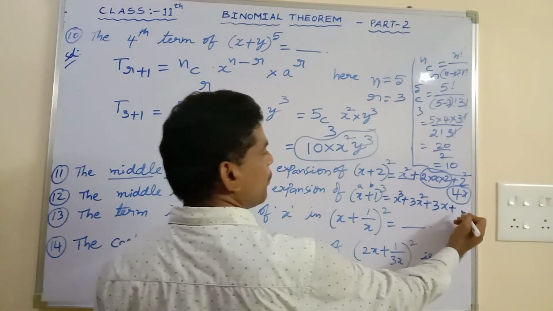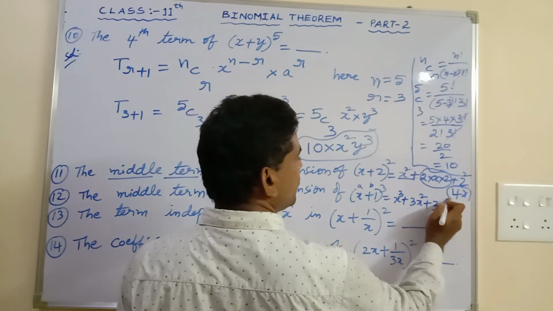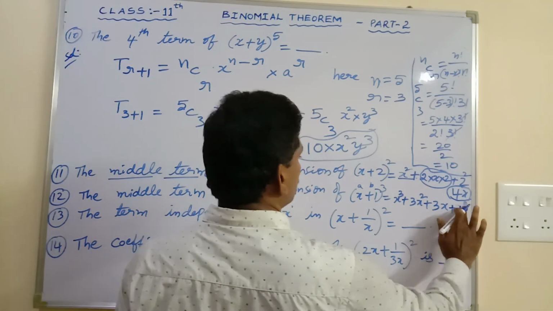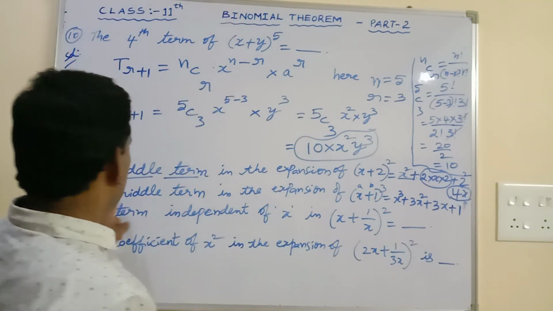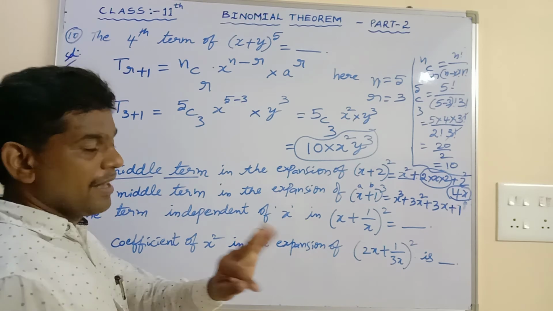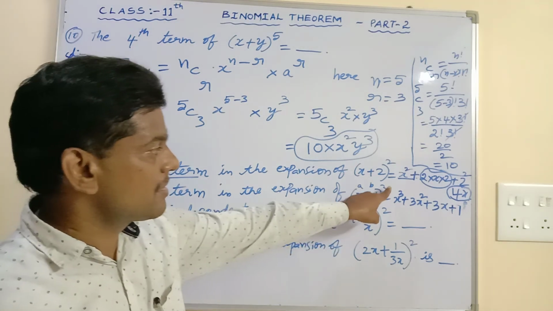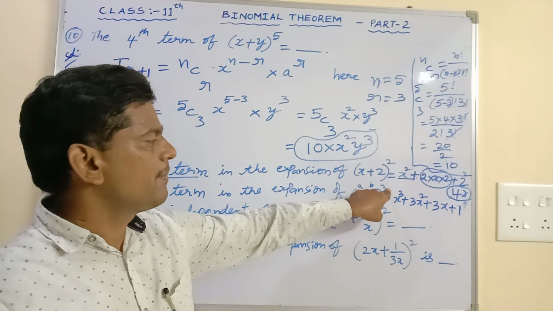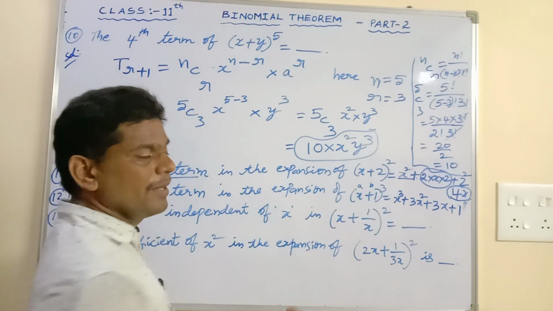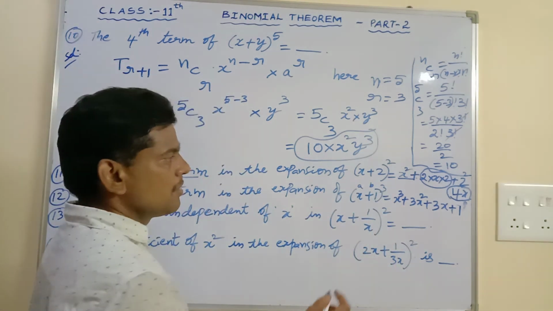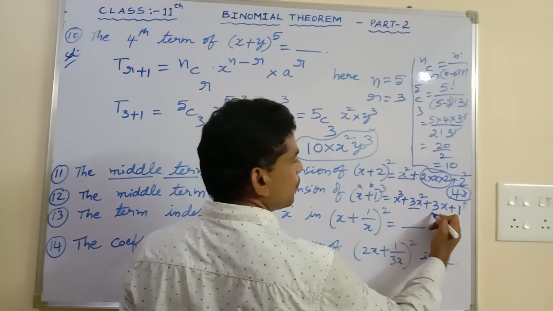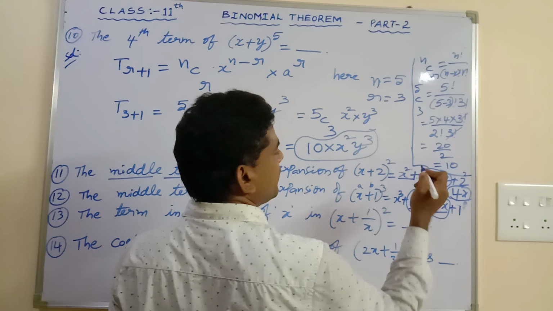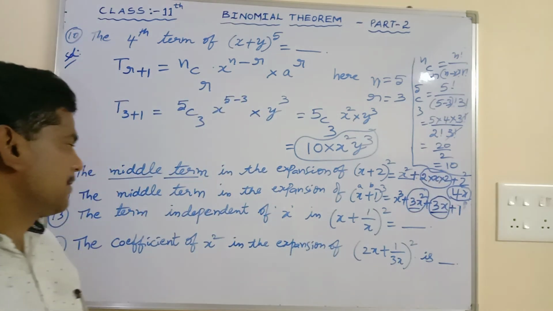Plus b cube, 1 cube means 1 only. So here the middle terms in the expansion: there are two middle terms, you know, because the power is an odd number. If the power is an odd number, two middle terms will be there. What are they? Second one and third one. 3x square and 3x are the middle terms.